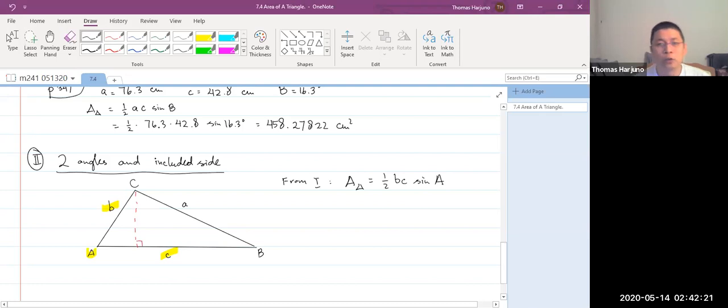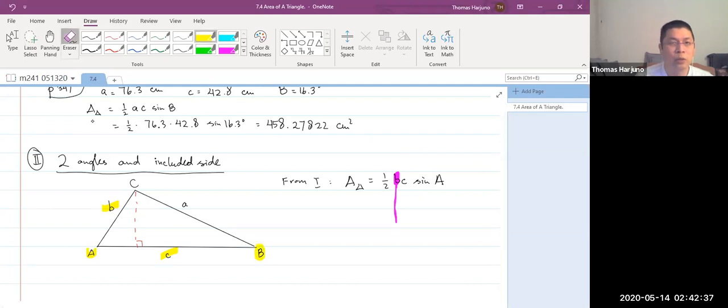Now suppose we actually don't know B. Suppose we don't know side B, but we know angle B. So we know this guy here, yet we don't know this guy.